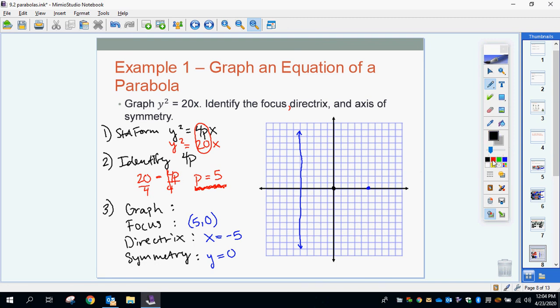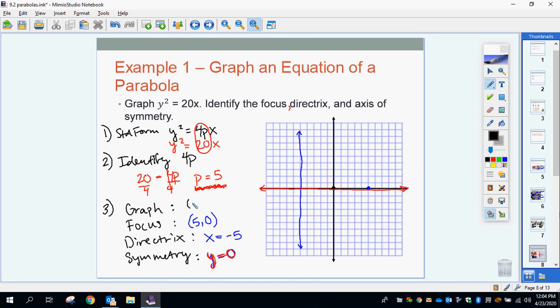So I can draw that axis of symmetry. I guess I'll do that in red. It crosses the y-axis at 0. It's a horizontal line. So there's our axis of symmetry.